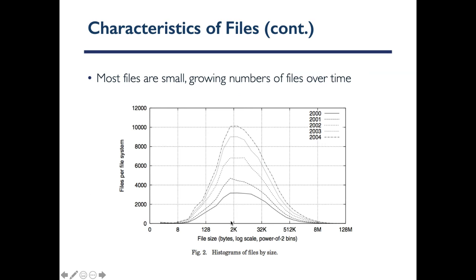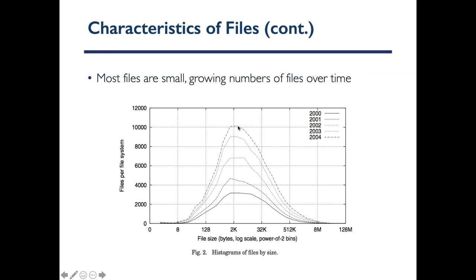So as you can see, most of the files in the system are small files, like 2 kilobytes to 32 kilobytes. And as you can see, the variance is going down.